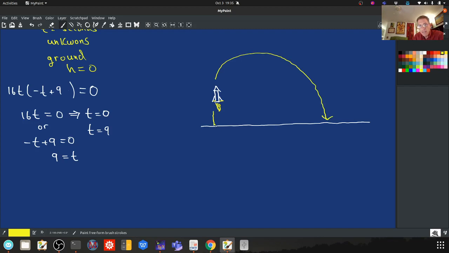So at this point right here, the rocket's on the ground. So that's the point t is equal to 0. Now as time starts ticking away, when we get 9 seconds later at t is equal to 9, we discover that the rocket has fallen back and hit the ground. So the answer to the question, how long does it take the rocket to return, that's the key word, is t is equal to 9 seconds.